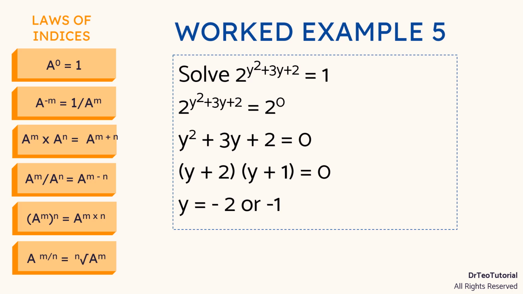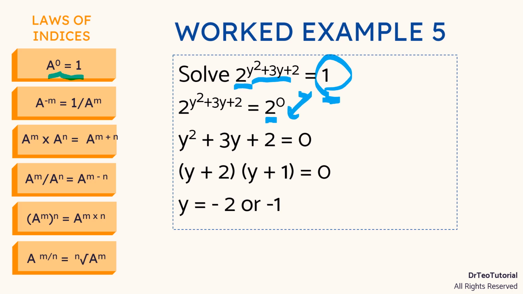In this problem, we are trying to find the value of y. You notice that on this side of the equation, you have 1. Recall that anything to the power 0 is 1. So we are trying to make the base, which is 2, the same as that on this side. We can convert 1 into 2 to the power 0.